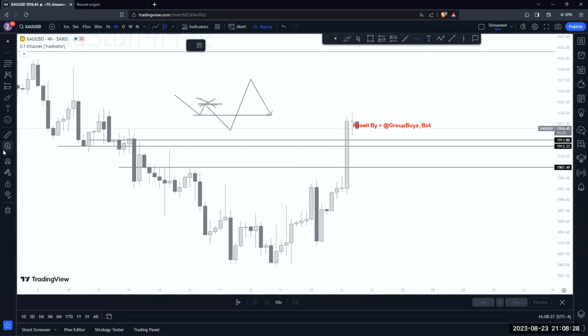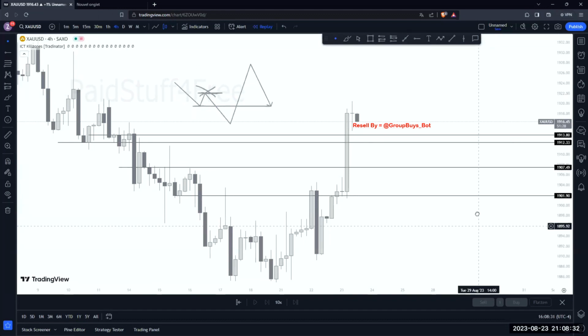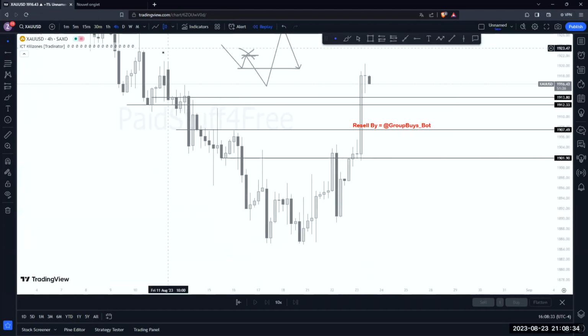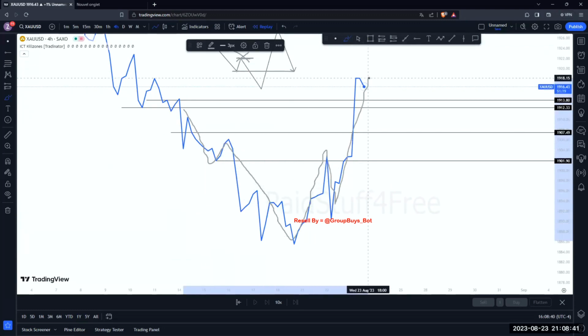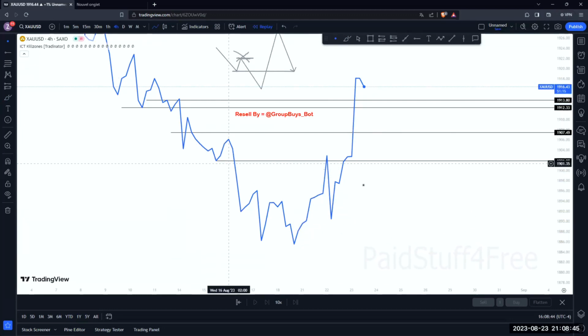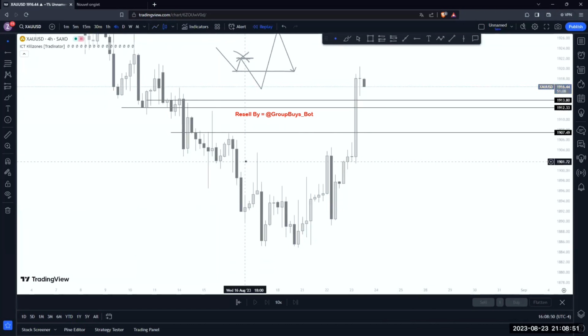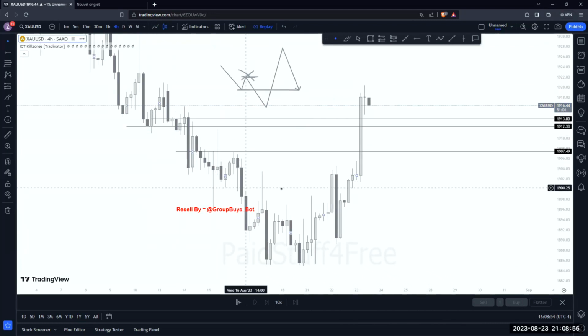It seems pretty hard to tell, but look at it from a bigger perspective. Look at the line chart: V, bigger V. Price went through it once and then went through it the second time. Now it's an HNS. So this is HNS, HNS, HNS, HNS, HNS.